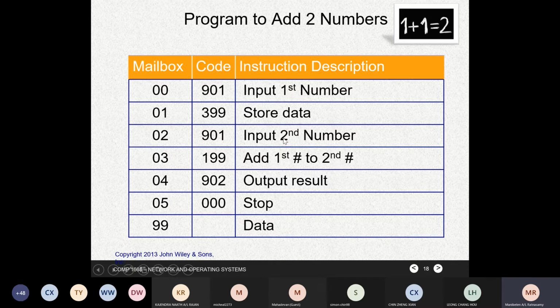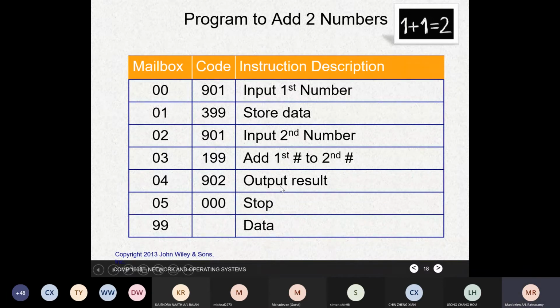So you will get the output. Where do you want to store the output? At mailbox number 04, 902. 902 is output. Remember, 901 is input, 902 is output. Output result. So whatever the first number and the second number, we don't know, but the output will be shown. And then you stop, halt, 000.